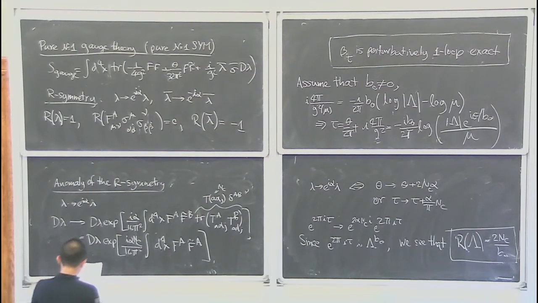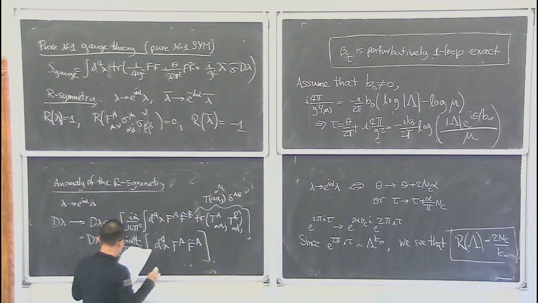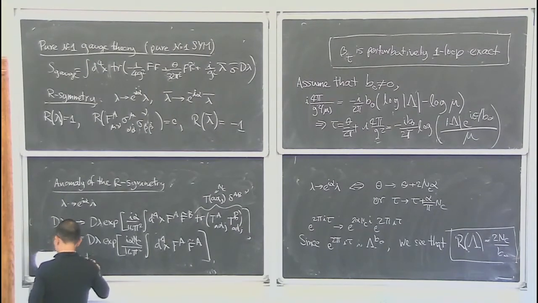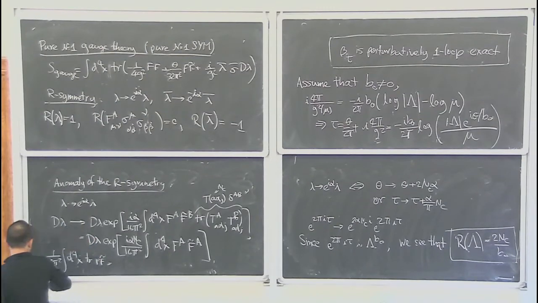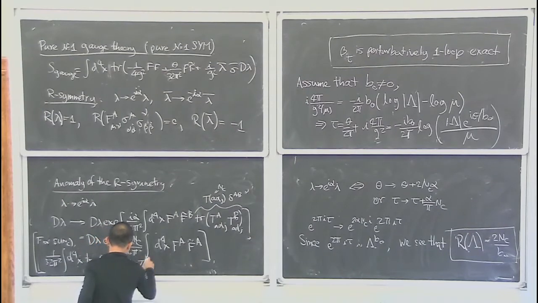So let me state: 1 over 32 pi^2 integral d^4x trace F F-tilde is equal to k, with k being an integer.